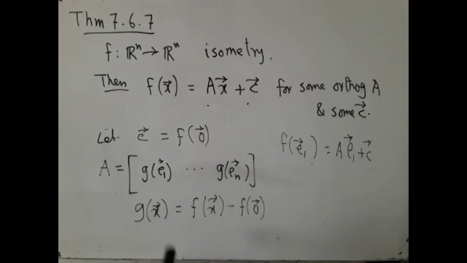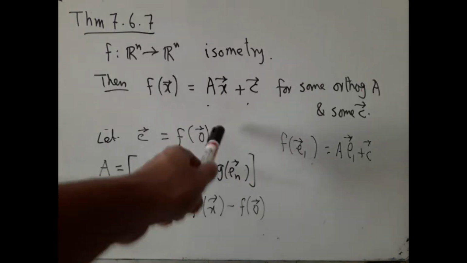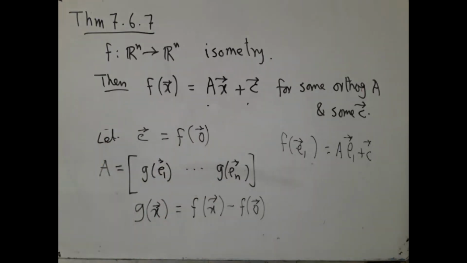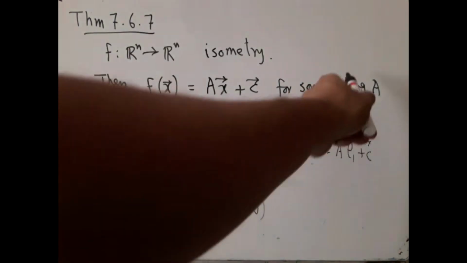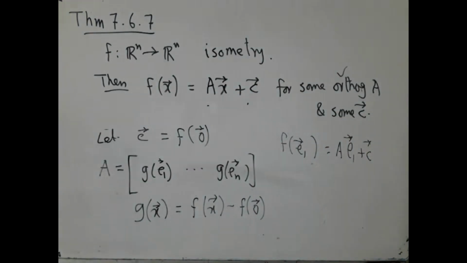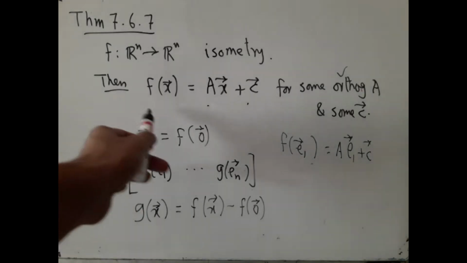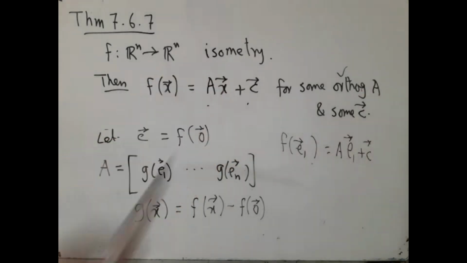So even after applying g, they will remain mutually perpendicular, which means that all the columns of A form an orthonormal basis, which means that A must be orthogonal. So I have shown this. C is some vector, A is orthogonal. All that remains to be shown is that f of x is indeed equal to this plus this.